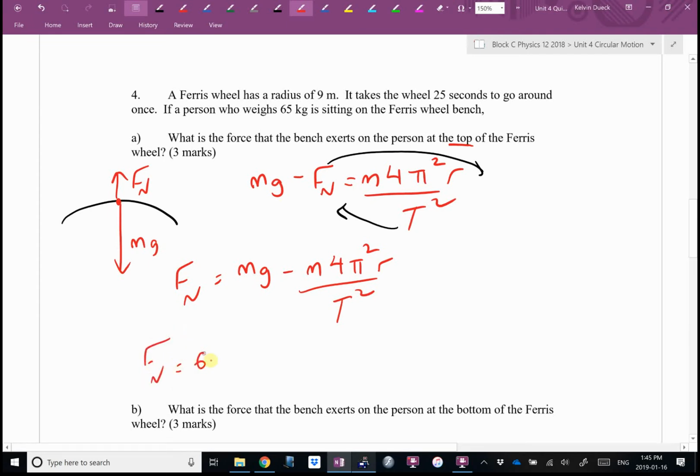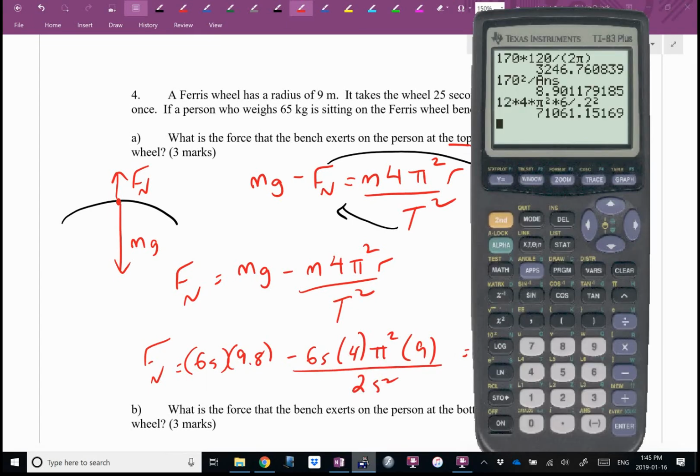It's going to be 65 times 9.8 minus 65 times 4 pi squared times 9 all over 25 squared.